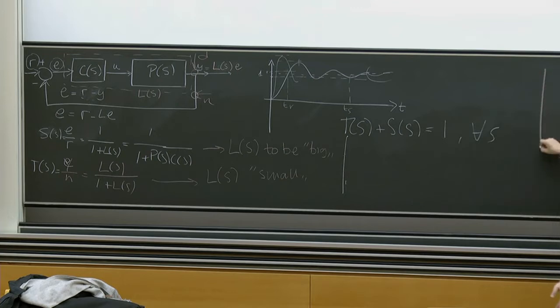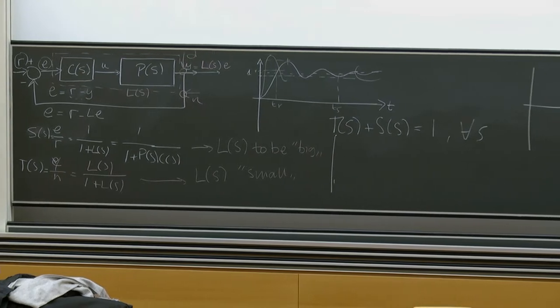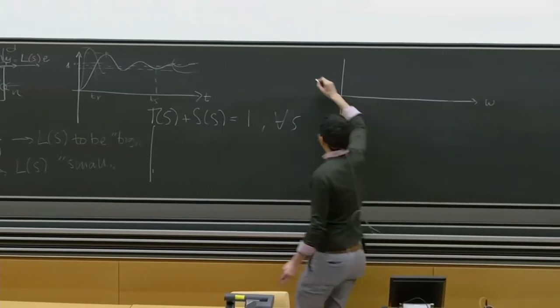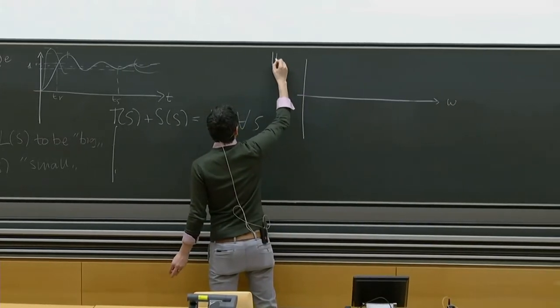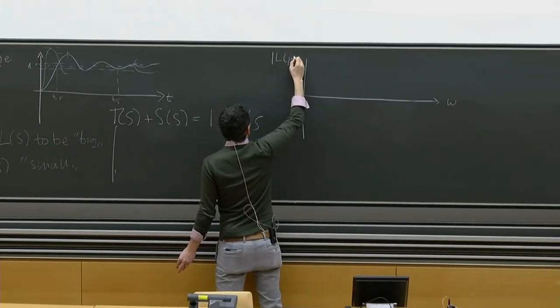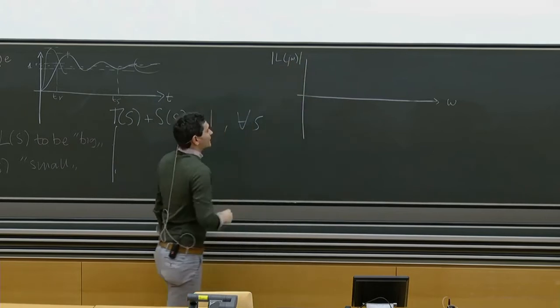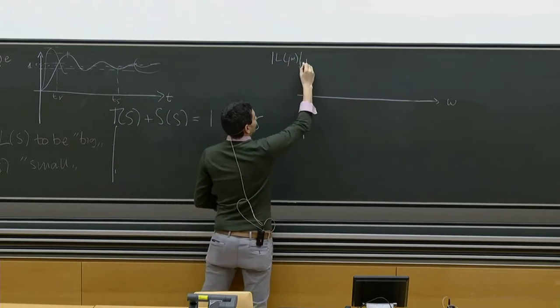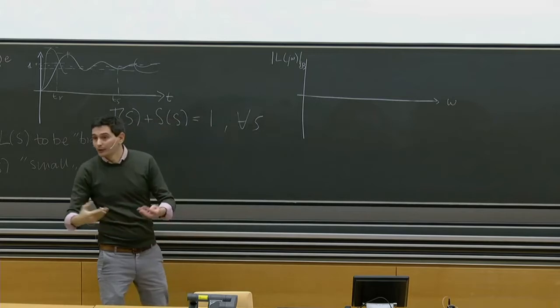So we presented what, I argue, was the most important graph of the whole course. Let's look at the frequency here, and let's look at the magnitude of the open loop frequency response represented in dBs, which we called the Bode plot, right?